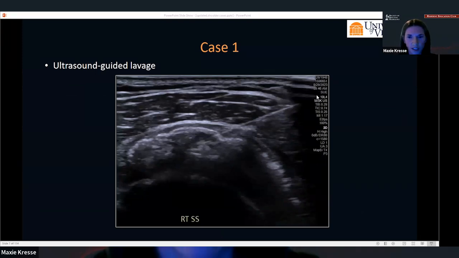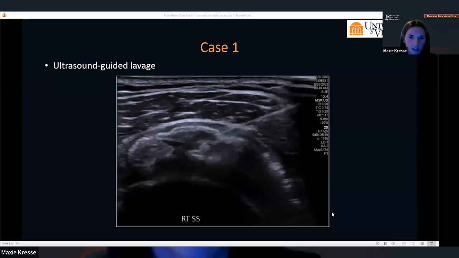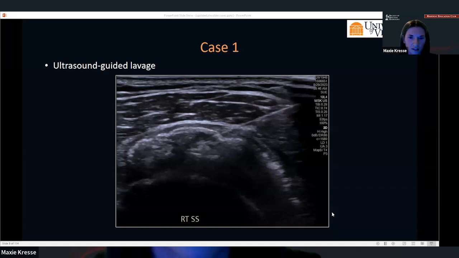So after numbing the skin, we put an 18-gauge needle, ideally with the tip right in the middle of the calcium, not through the calcium, because we just want to make one hole, because you want to build up pressure inside of that calcium. And then we do a pumping motion with a 10 cc syringe, combination of saline and bupivacaine. And ideally, you see an image that looks like this.